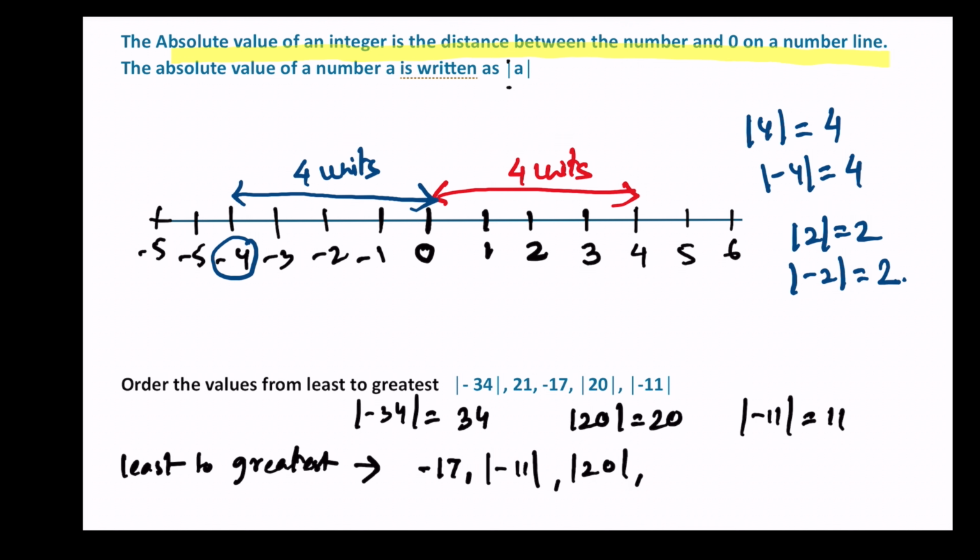Then the integer 21, and at last 34, which is the absolute value of minus 34. So this way we first write all the absolute values and then order all the numbers from least to greatest.